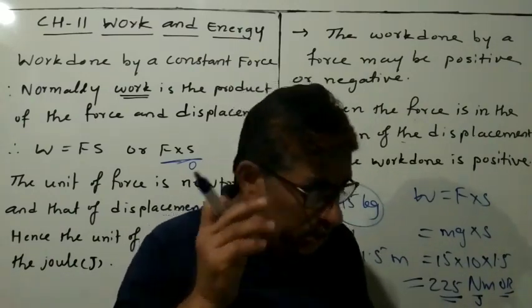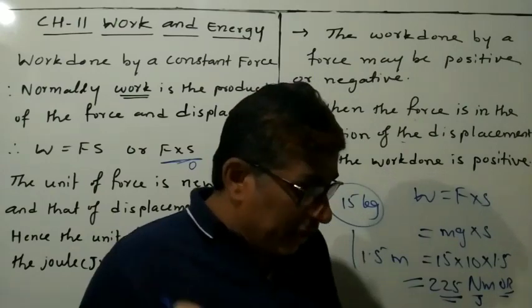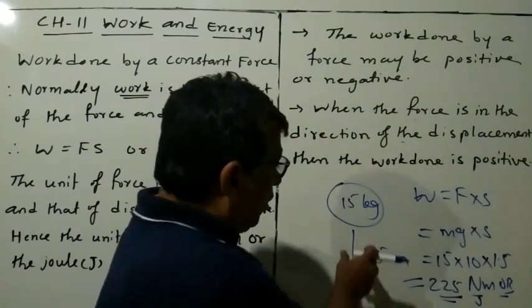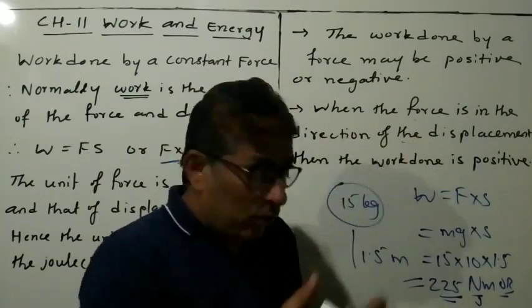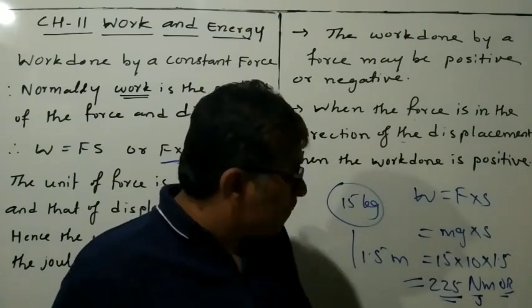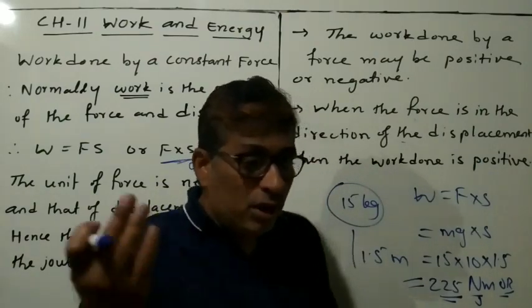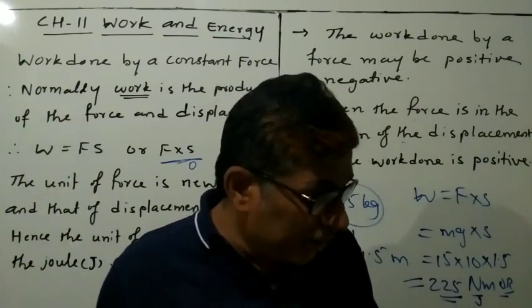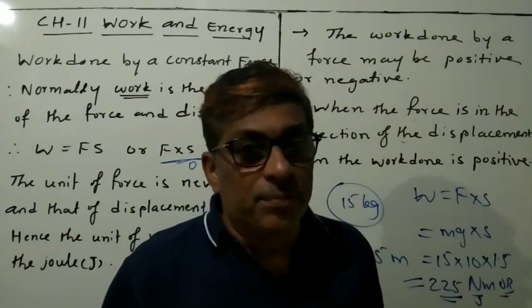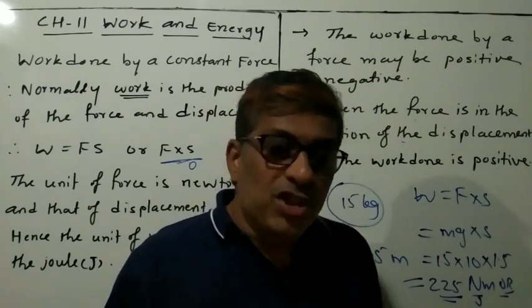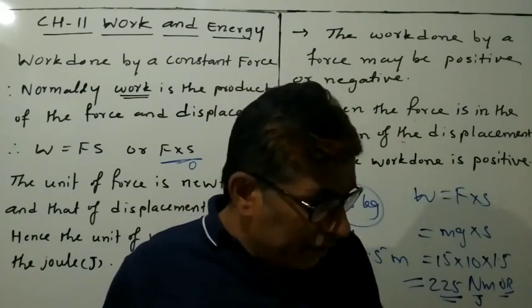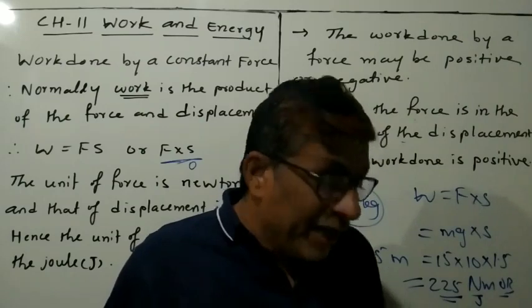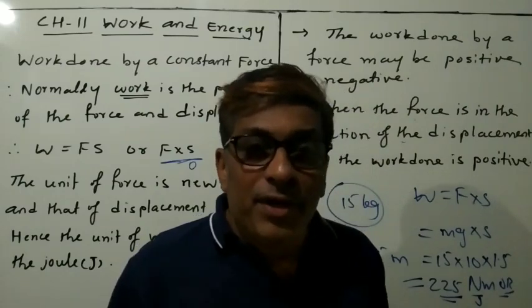So what does the question say? A porter lifts a luggage of 15 kg from the ground, lifted upwards 1.5 meter above the ground. Calculate the work done. The mass of the luggage is m equal to 15 kg, and displacement is 1.5 meter.